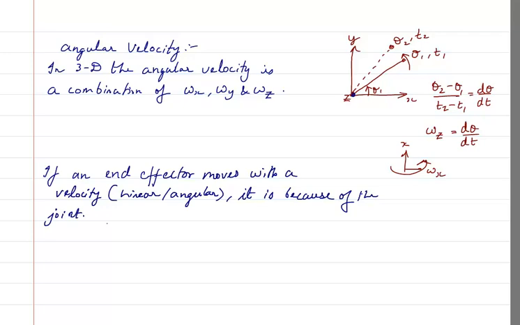So we can see that it's the joint velocity that leads to the end effector velocity. So I can say that therefore joint velocity results in end effector velocity.